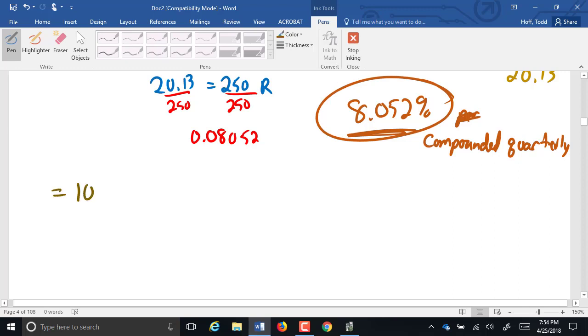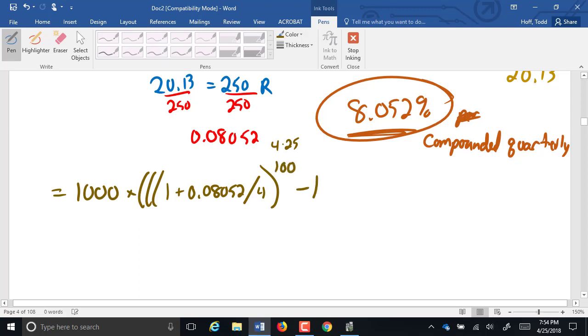So it's 1,000 times, open, 1 plus, now this is going to be a little ugly, 0.08052 divided by 4, because it's quarterly, to the power of 4 times 25 years, 100, minus 1, close, divided by, open, again that ugly percent, 0.08052, divide by 4, close and close.